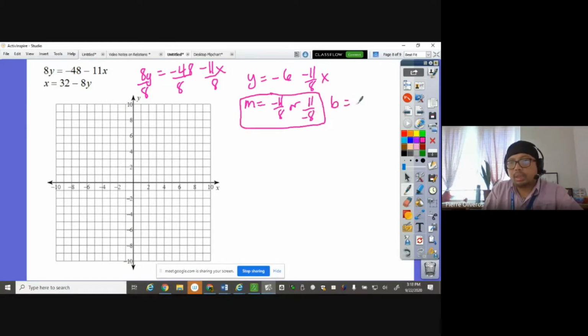The y-intercept here is negative 6. So I'm going to start at negative 6 here. I cannot go down by 11. I don't have space. So I'm going to do this method of rise over run. So I'm going to go up 11. So 6, 7. Negative 8 is on the left. So right here.